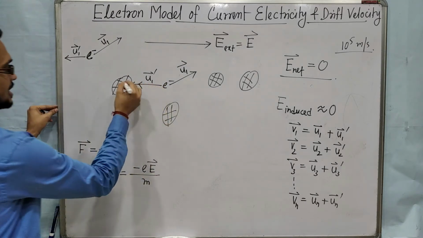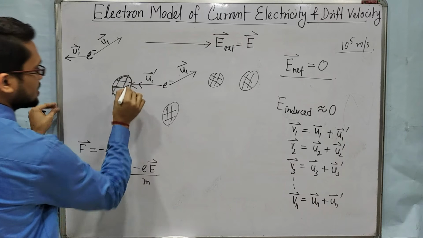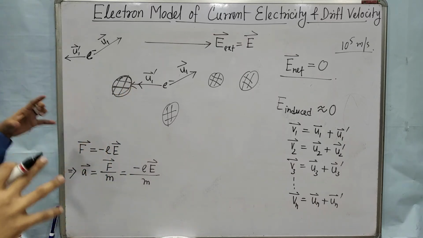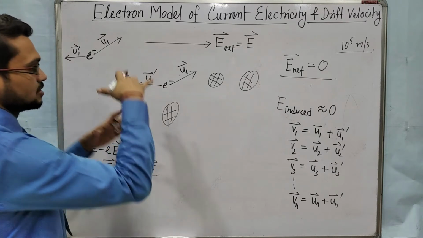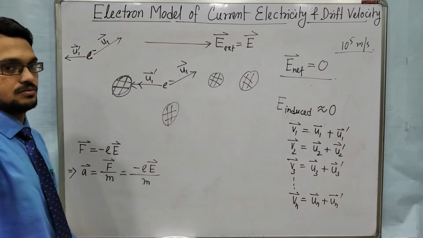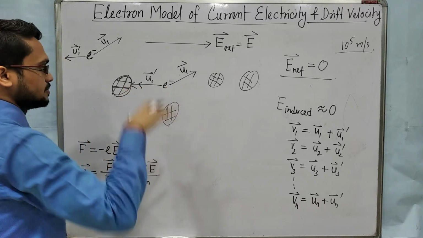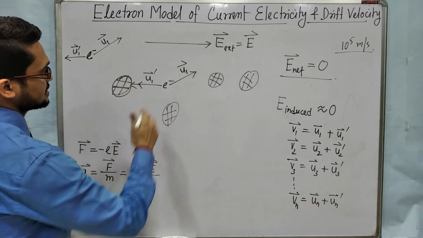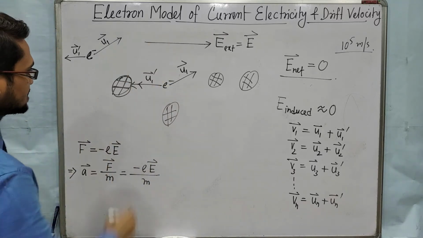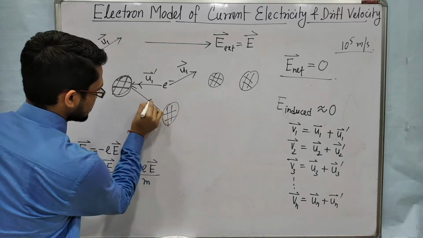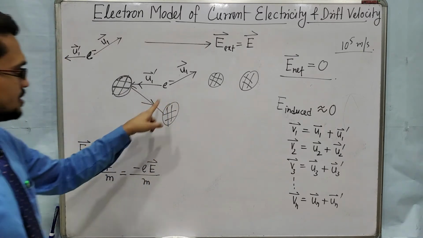In the journey of its motion, if there is any heavy particle or another electron, then they collide with each other. When they collide, its velocity becomes zero. Again it starts its journey with the thermal velocity, 10 to the power 5 meter per second. Suppose it is coming through here, and again it collides with another ion.